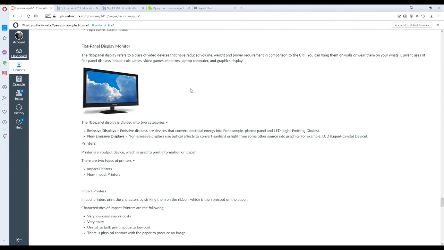We also have the VA panel, which is better than LED and is able to produce good dark colors, black and white colors, but is not as color capable as that of the IPS.